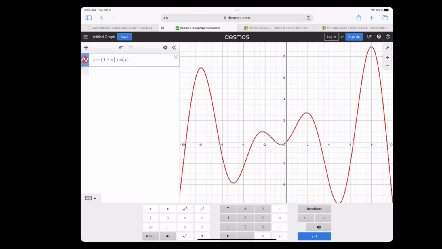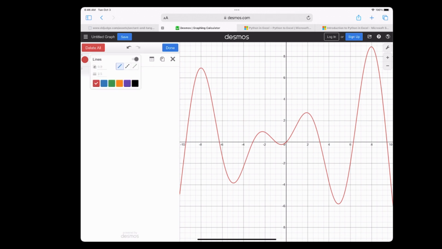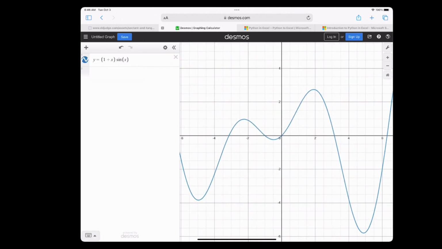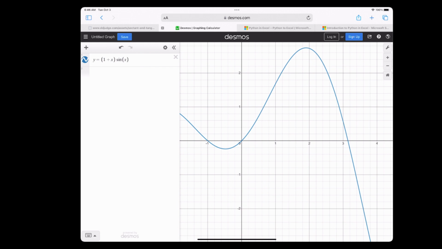There we go. So we're going to try to find the equation of the line tangent to the curve at this particular location here, at 0, 0, at the origin.